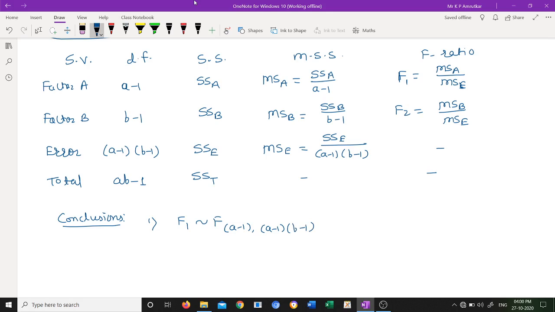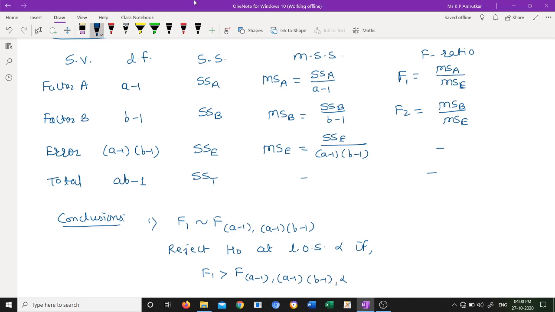So reject H0, the first hypothesis, at level of significance alpha if your calculated value F1 is greater than the table value. The table value is F with A minus 1 comma A minus 1 into B minus 1 comma alpha.